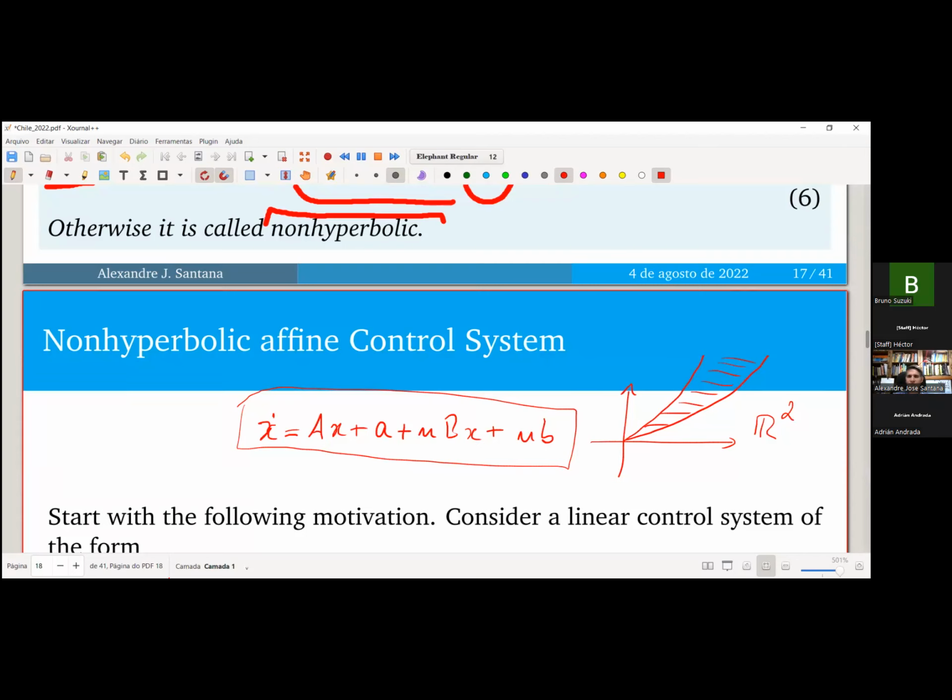Suppose that the system has a non-empty and unbounded control set.